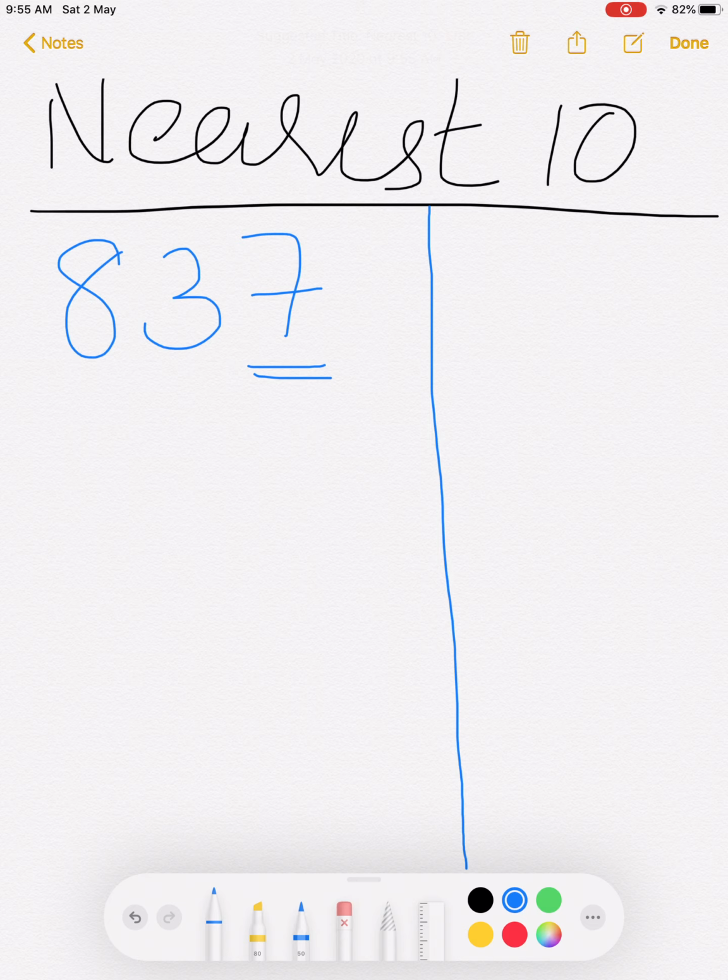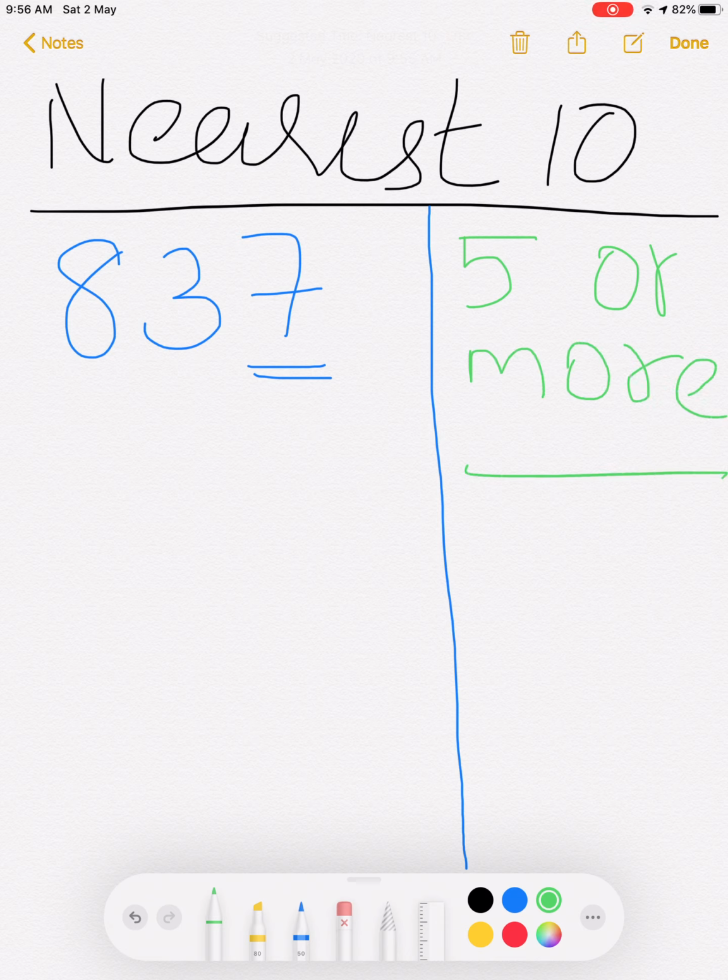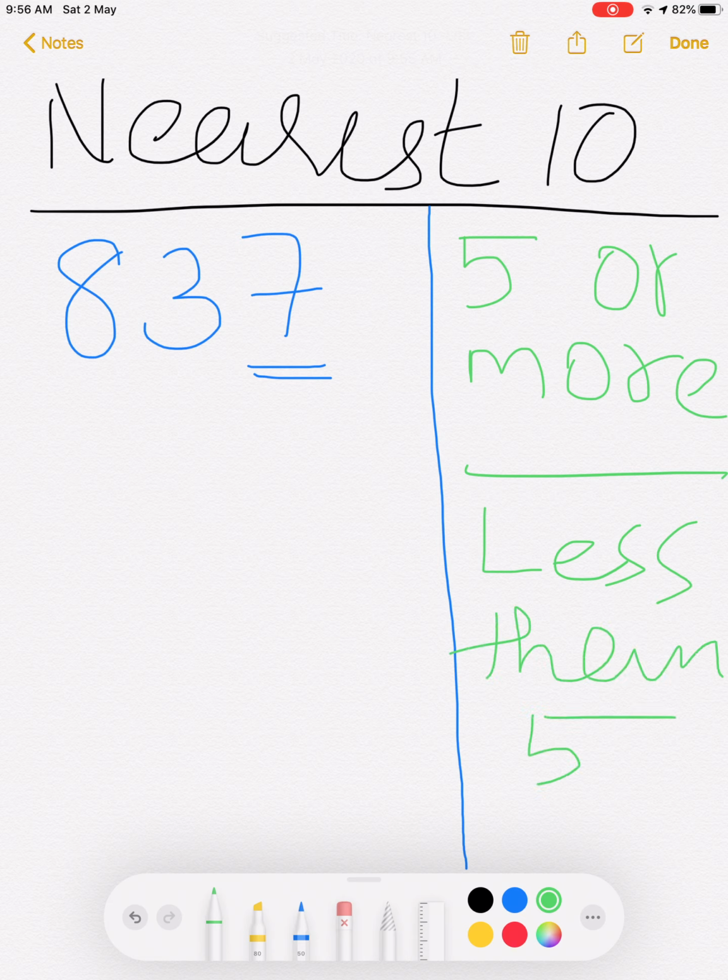What are the rules? Two conditions are there. The first condition is 5 or more. The next one is less than 5. These are the two conditions.